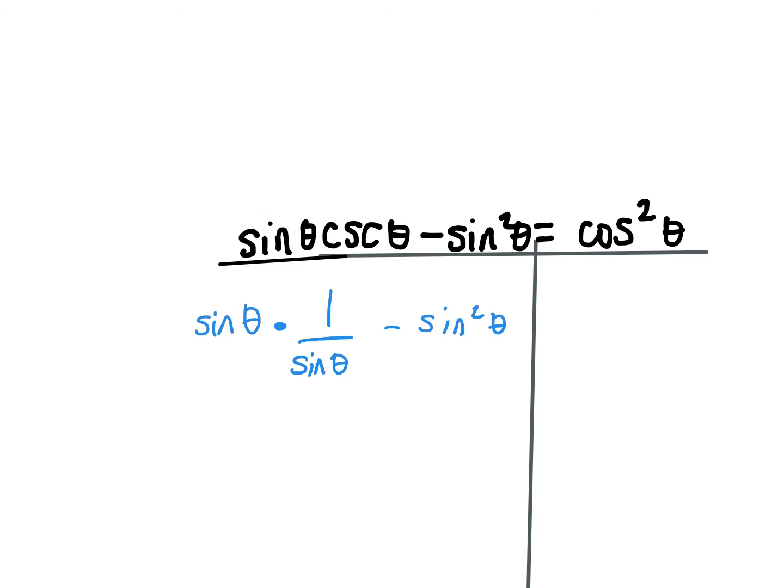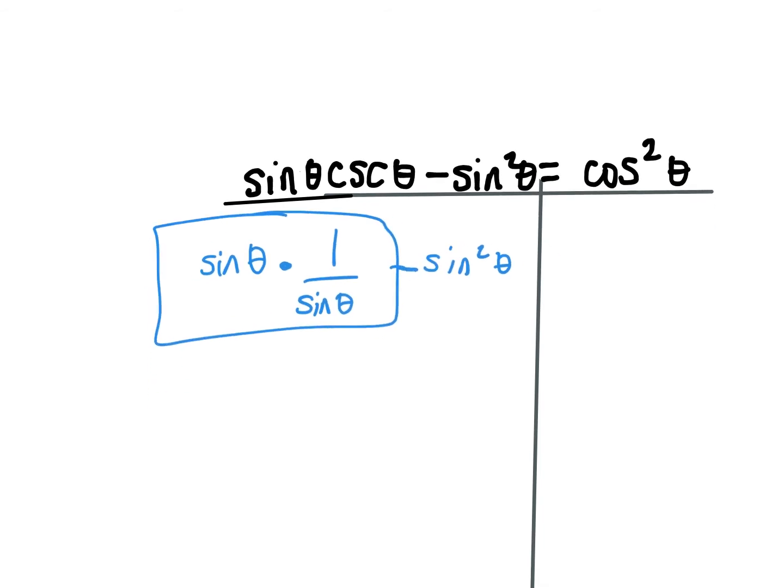What can I do right here? What does that become? Sine theta over what? Sine theta over sine theta, right? Minus sine squared. Guys, what's anything divided by itself? 1. So this becomes 1 minus sine squared of theta.